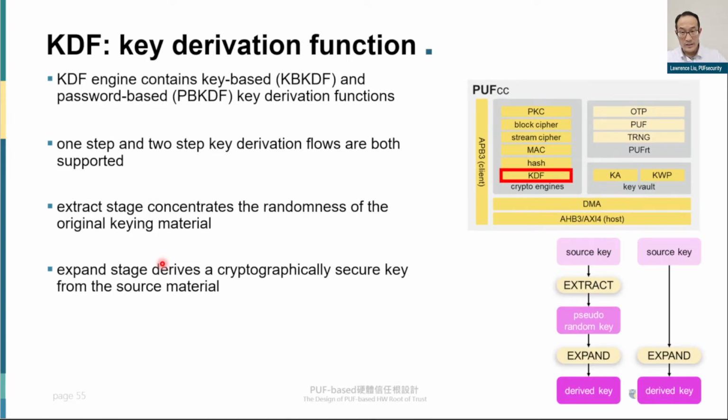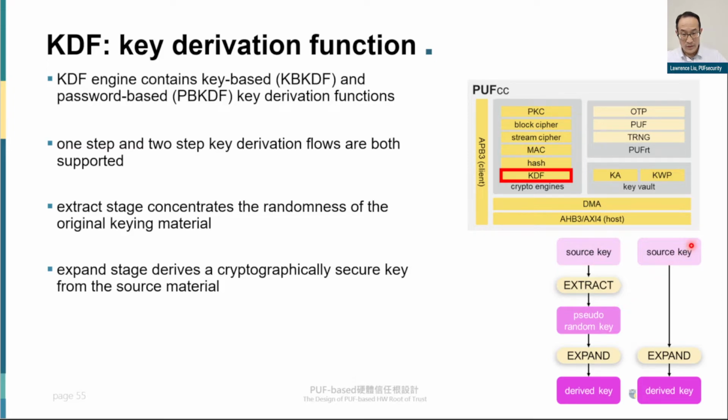And now we get to the key derivation function module, which uses both key-based and password-based key derivation functions, as well as one- and two-step derivation flows. So here is a diagram of the two-step versus a one-step.